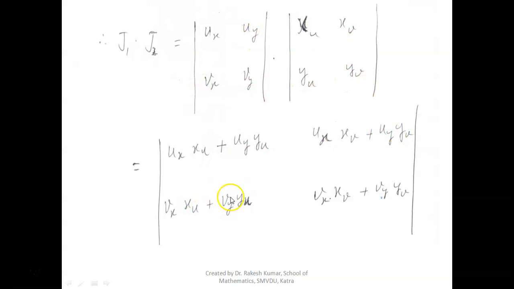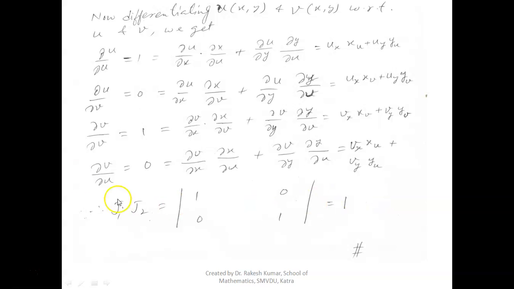Similarly, we can multiply for the second row: its first element and second element. Again, differentiating u and v with respect to u and v, we get the following. If I differentiate u partially with respect to u, I get 1, and if I differentiate u with respect to v, I get 0.